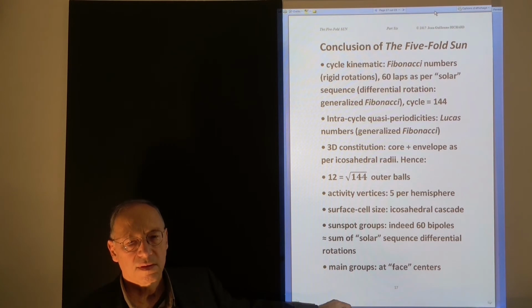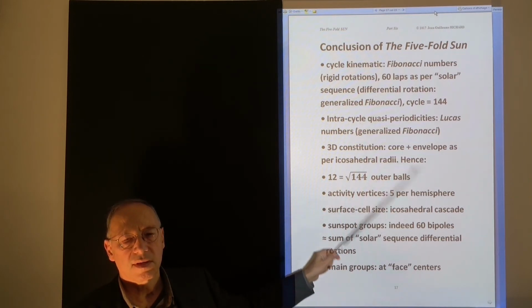We found the number of 60 laps, which is part of the so-called solar sequence of generalized Fibonacci numbers, each of them corresponding to a set of rotations in the differential rotation of the Sun. And we found that the total number of rigid rotations across the solar cycle is statistically 144.